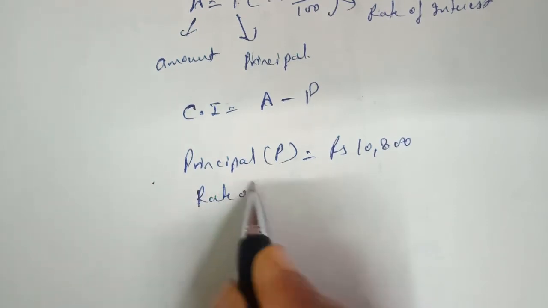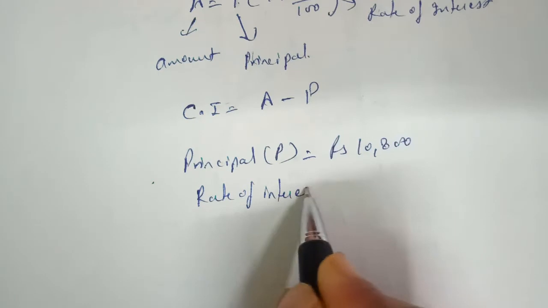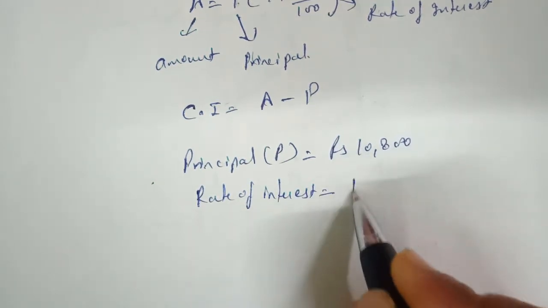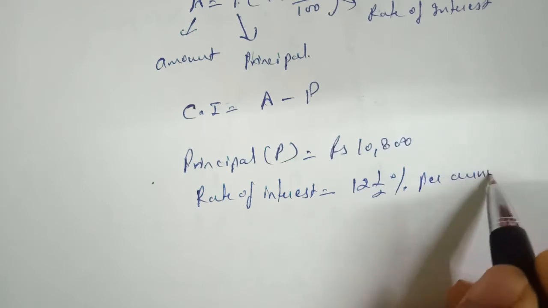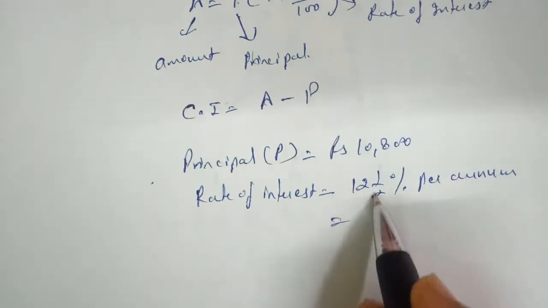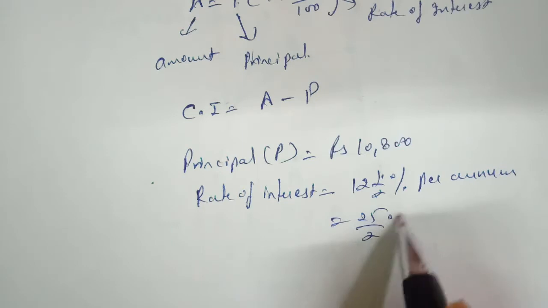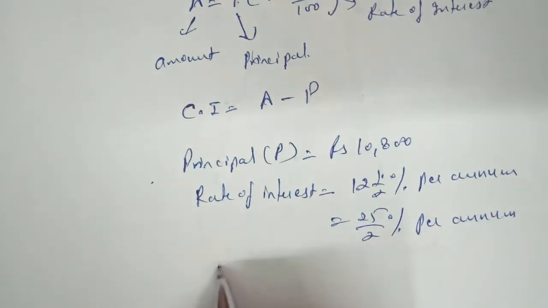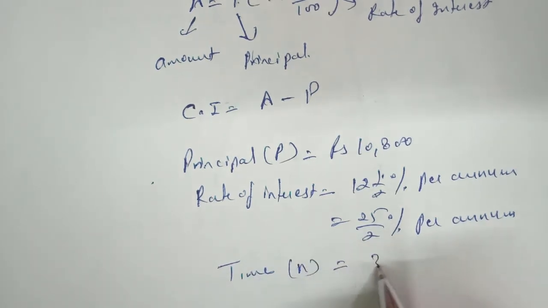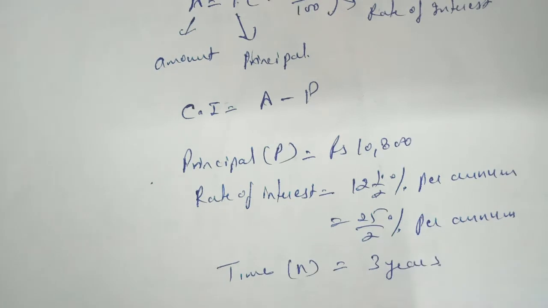Rate of interest is given as 12.5% per annum, that is 25 upon 2% per annum. And time, which is denoted by n, is given as 3 years.